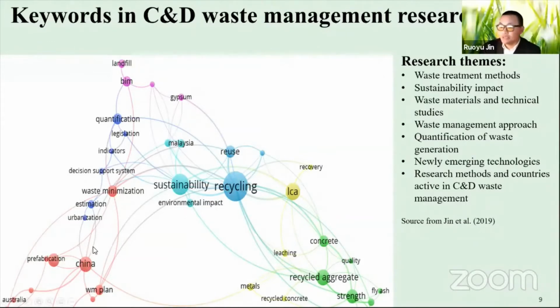Lastly, we can see the red color. It is about some other developing economies or the prefabrication strategy, which I believe one of our colleagues in today's conference has also mentioned, the modern method of construction. So how the modern method of construction or the prefabricated approach could also reduce and help with the construction and demolition waste.